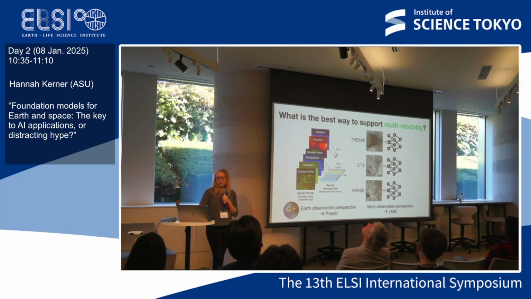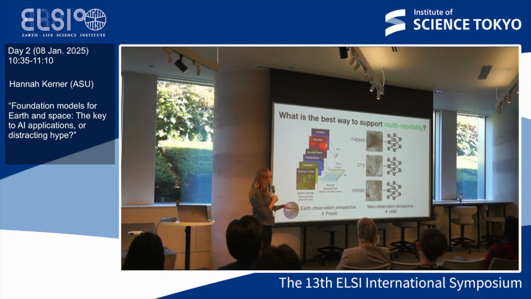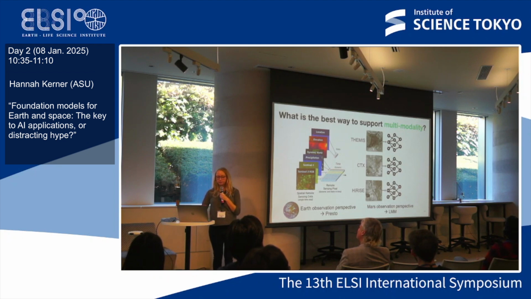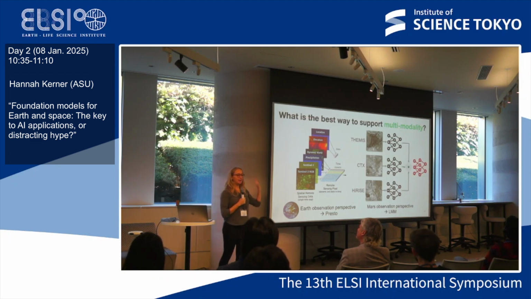So what we decided to do is a really cool approach where we train individual models, individual masked autoencoders, on each of these sensor data sets. So Themis, CTX, HiRISE, whatever else we want to do. And this is going to sound crazy, but we actually just add those together. So you take these model weights.